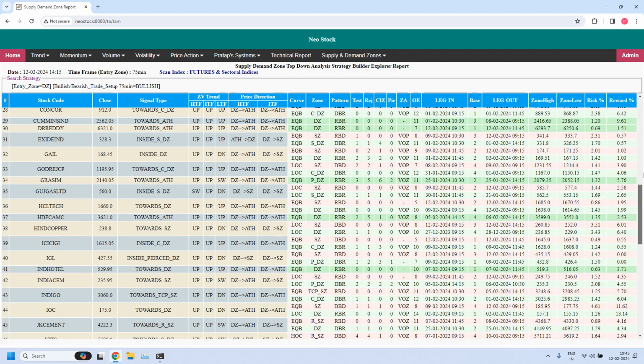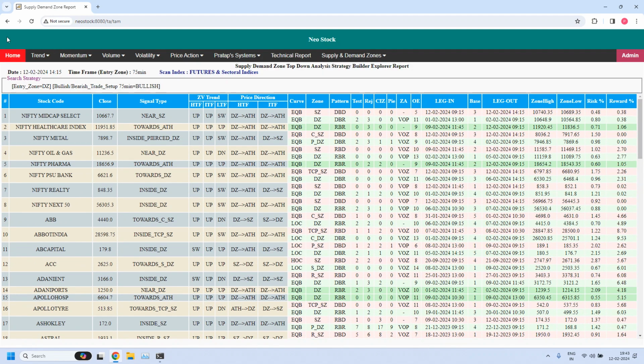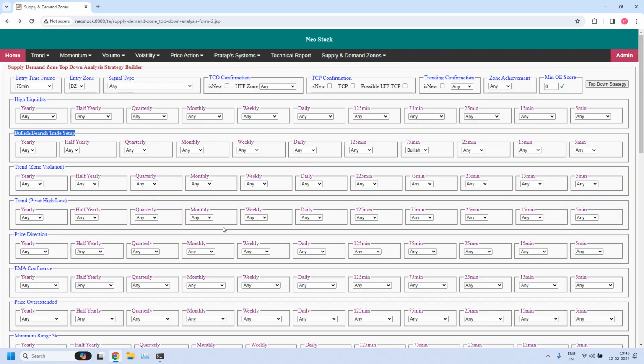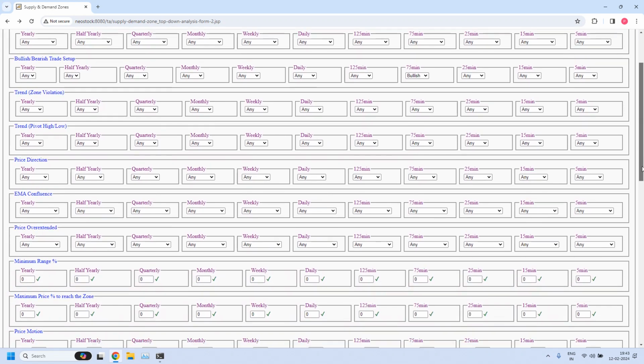So now we will reduce the list by setting filters, like we did for the monthly income trade bullish trade setup. We will follow a similar way, but some values we change slightly. The first one is fresh zones.